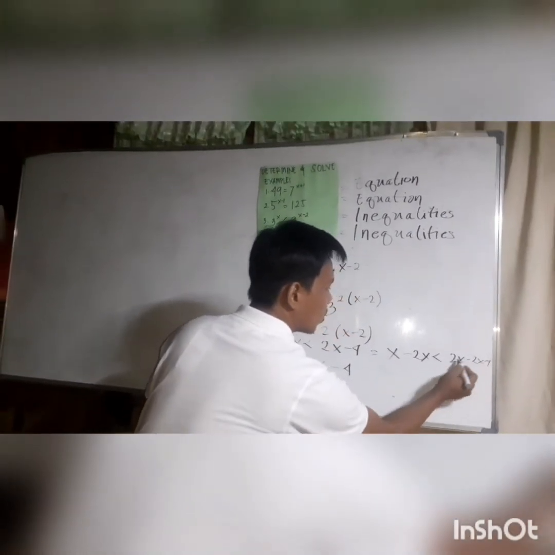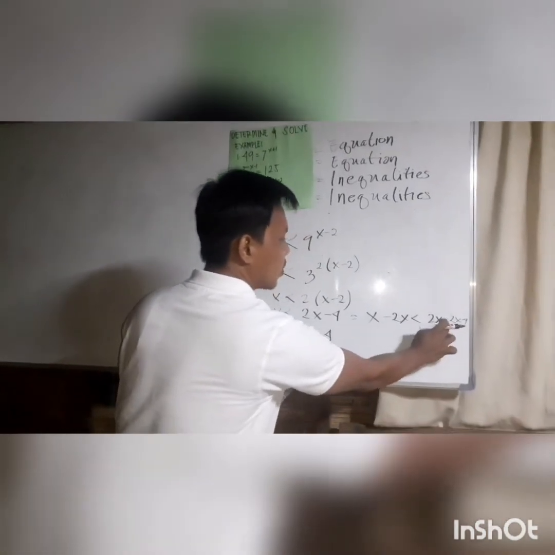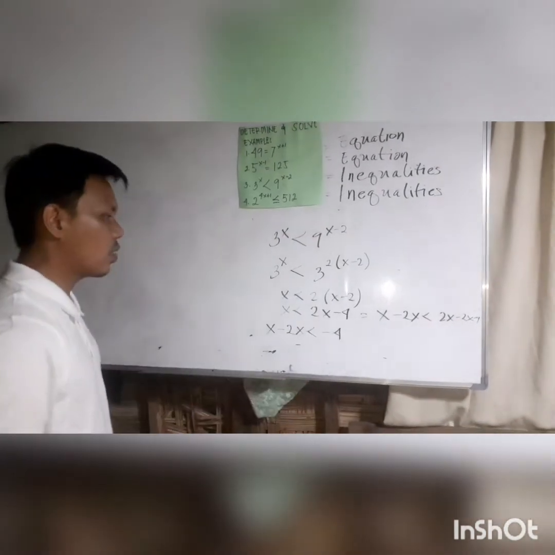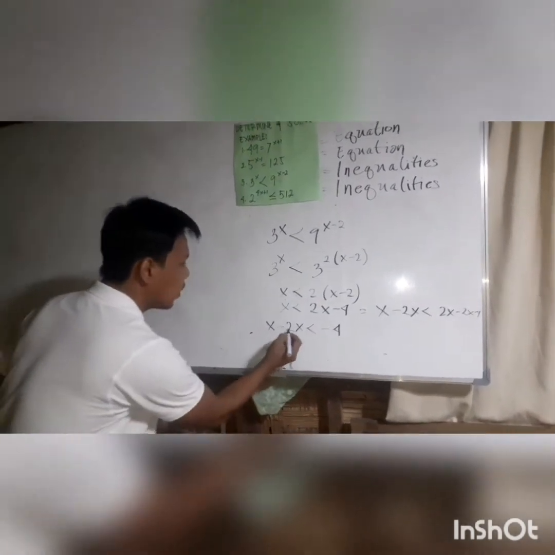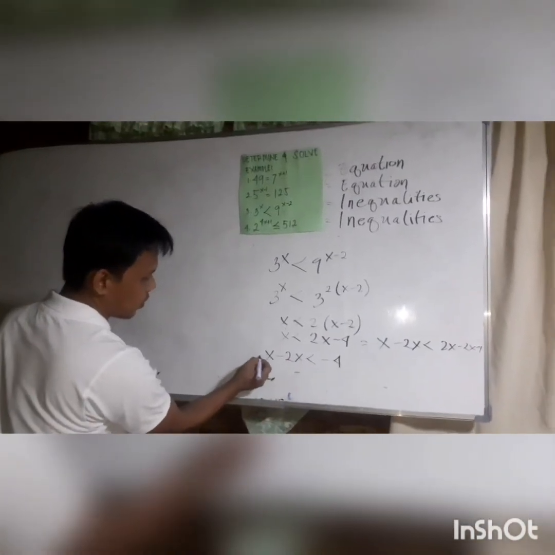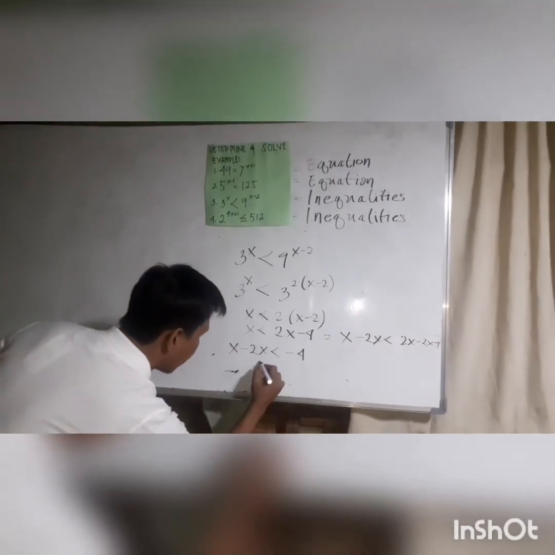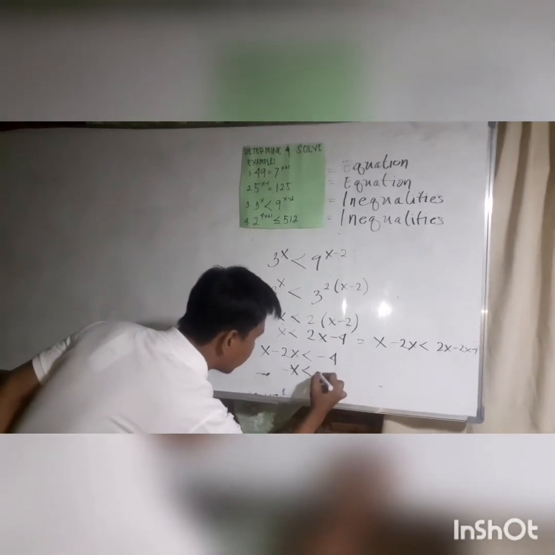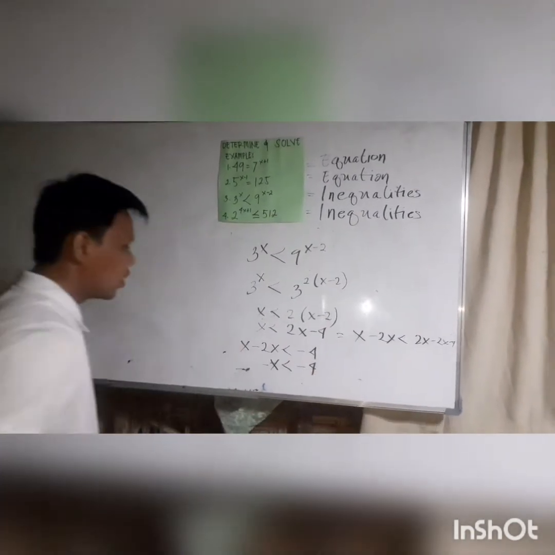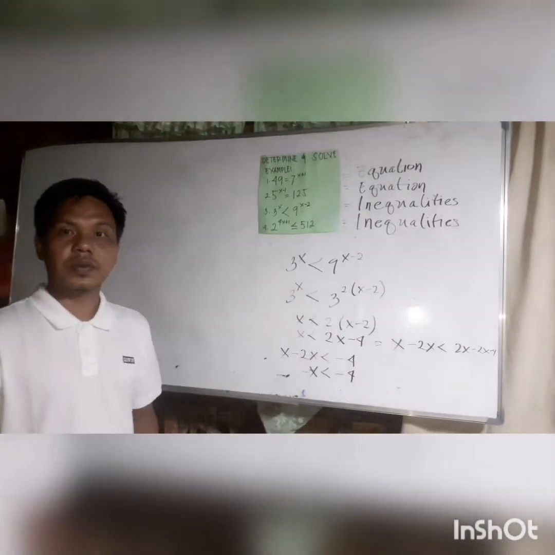That's why this is eliminated, because positive 2x minus 2x is equal to 0. So now we can simply subtract this, because this is positive and this is negative. We have now negative x less than negative 4. Now we have negative x.